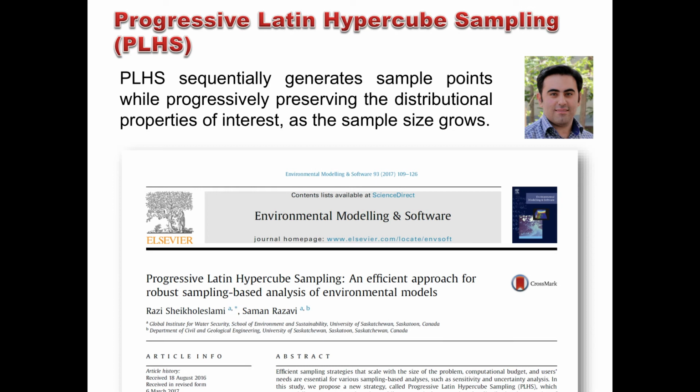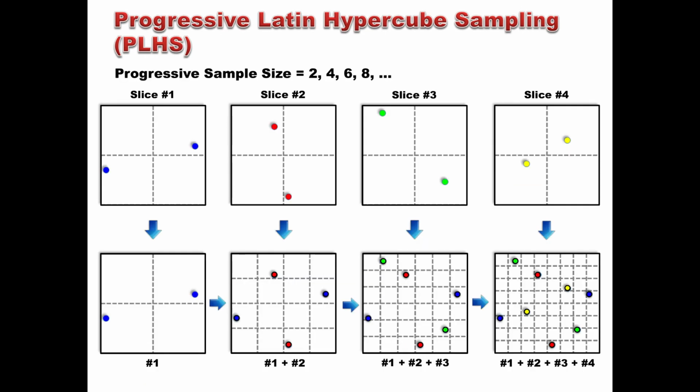Typically, when you run Latin Hypercube sampling, you need to know how many samples you want to take, and you have to generate it all at once to make sure you preserve the Latin Hypercube properties. But in practice, it doesn't always work. You go, for example, to 10,000, you run your model, and you realize your algorithm hasn't stabilized yet, hasn't converged, you need to go more. Then you have to go back and resample again, and then you lose your distributional properties of interest.